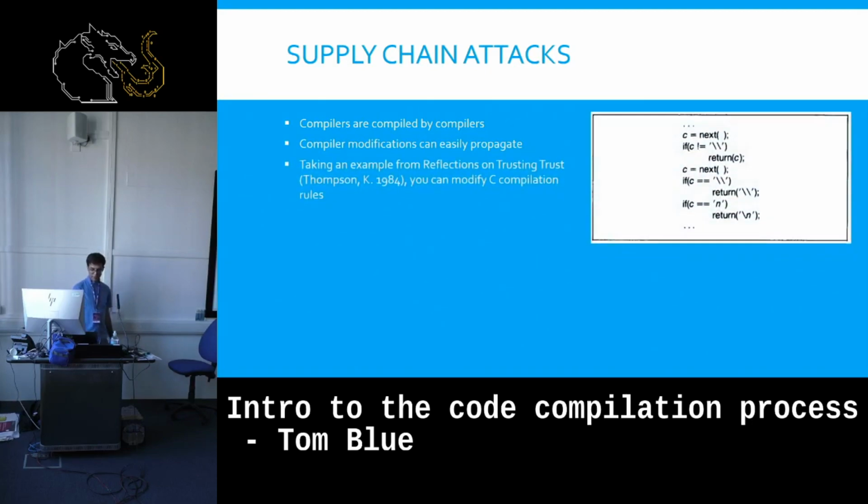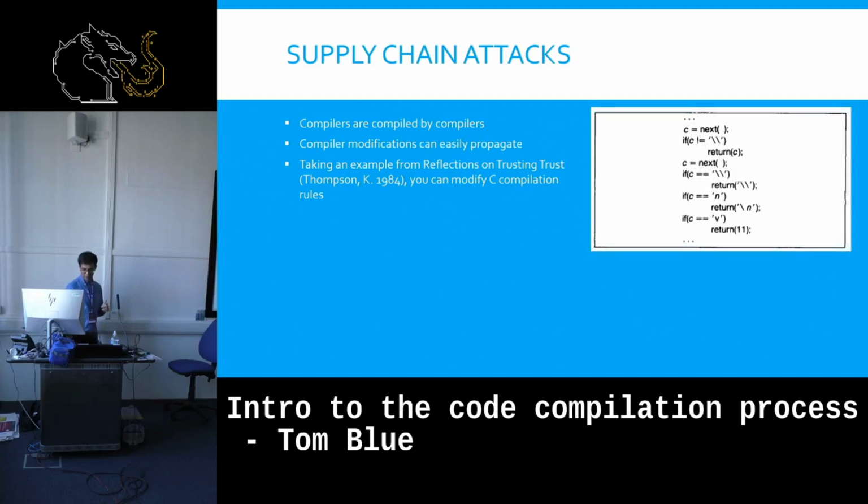So there was a paper by Ken Thompson in 1984, Reflections on Trusting Trust, where you can modify a C compiler's rules to add new rules to them. And when you compile a new compiler, you can write those rules such that any new compiler you compile with the compiler you brought the new rules into, like the derivative compiler, will inherit those rules as well.